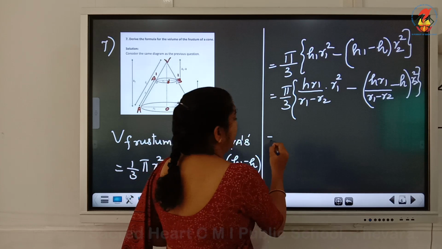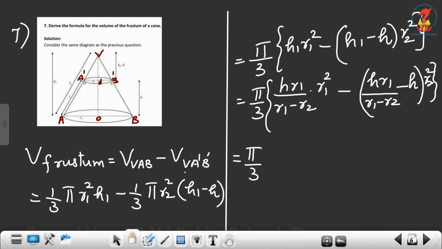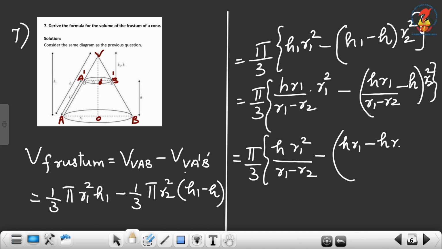We have to simplify this. Pi by 3 into h r1 square divided by r1 minus r2 minus, we have to expand this bracket. Take the LCM: h r1 minus h r1 plus h r2 divided by r1 minus r2 into r2 square. So, we can cancel off these two.